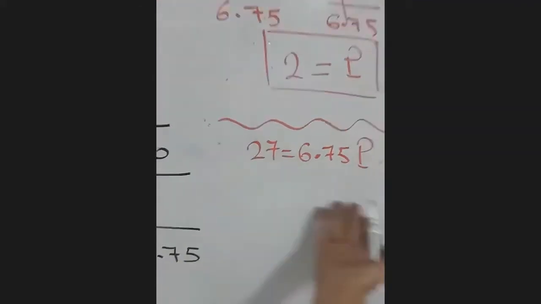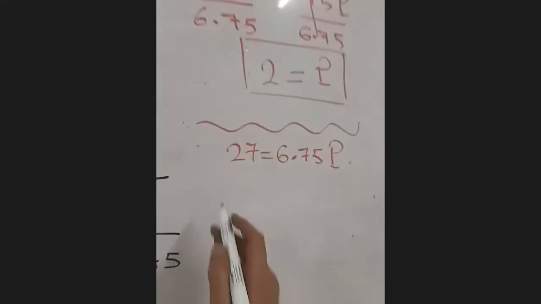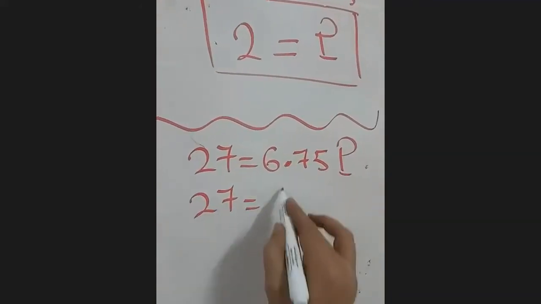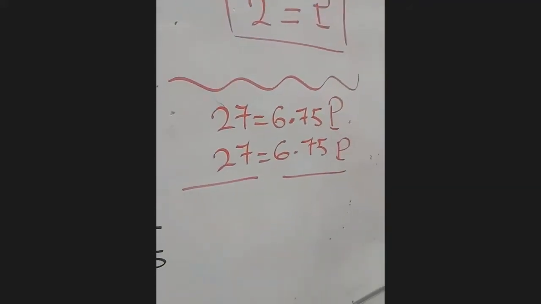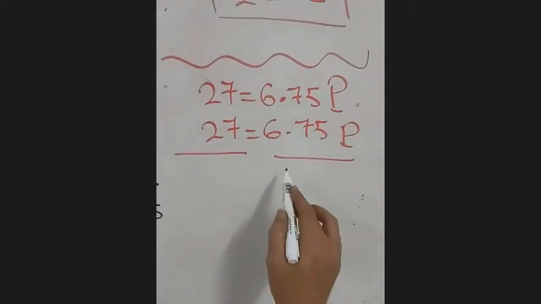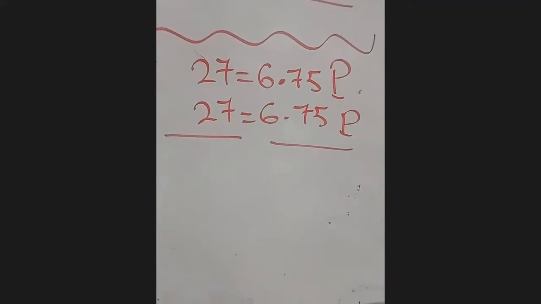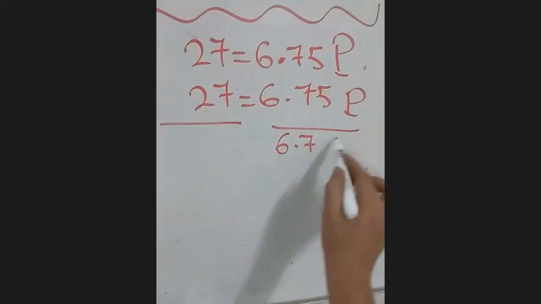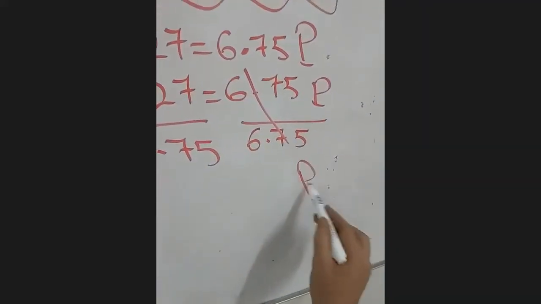What's the type of this equation? Multiplication equation. What will we do? Division, on both sides by 6.75.